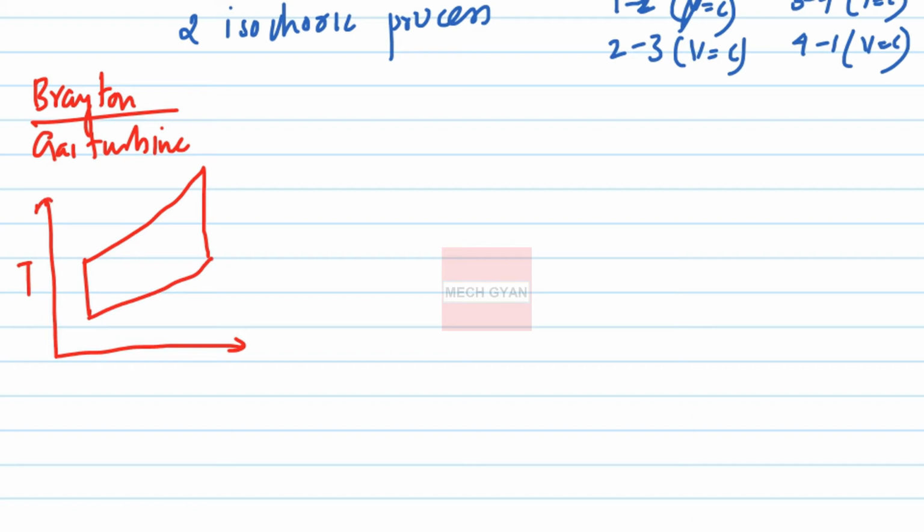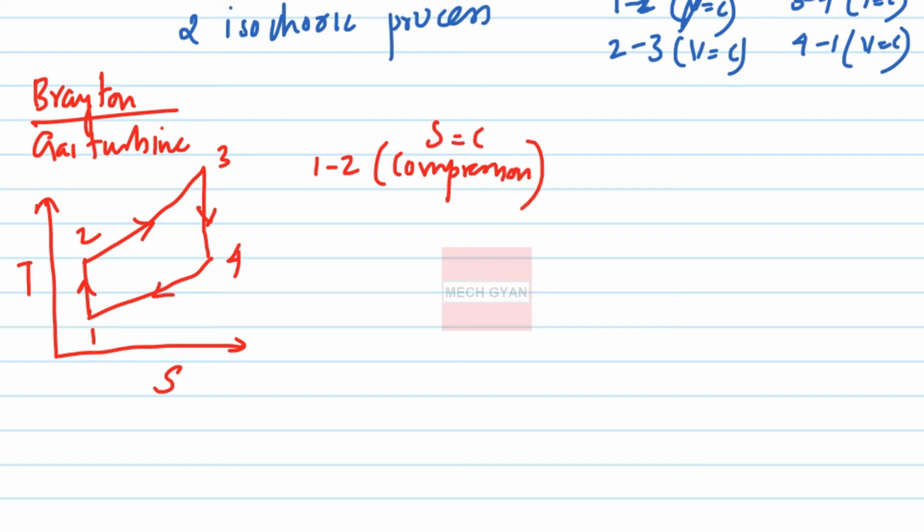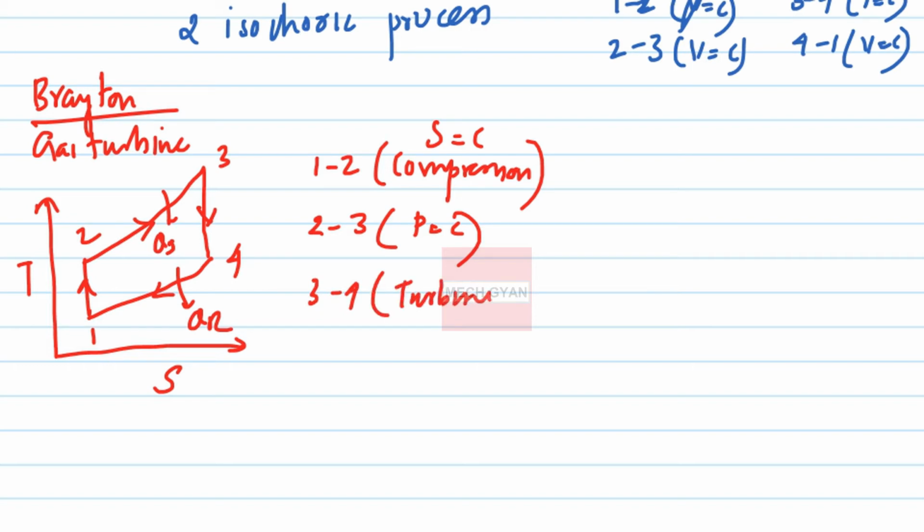Here this is T, this is S, and points 1, 2, 3, 4. 1 to 2 is the compressor, an isentropic compression process. 2 to 3 is a constant pressure process or heat addition. 3 to 4 is the turbine, and 4 to 1 is heat rejection, which is again a constant pressure process.